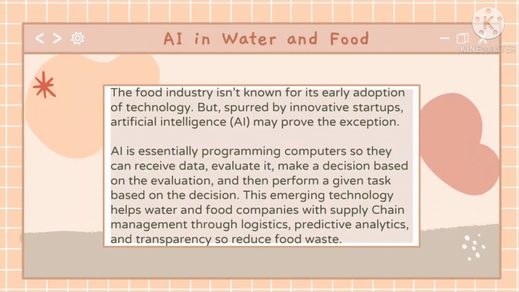AI is essentially programming computers so they can receive data, evaluate it, make a decision based on the evaluation, and then perform a given task based on the decision. This emerging technology helps water and food companies with supply chain management through logistics, predictive analytics, and transparency to reduce food waste.